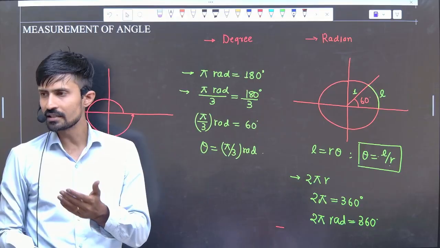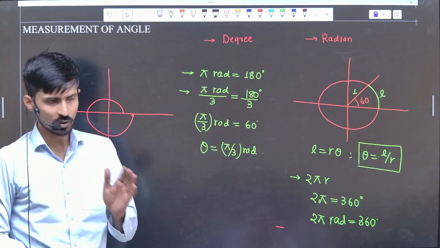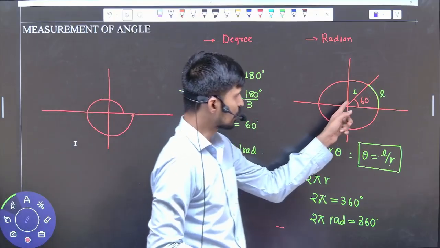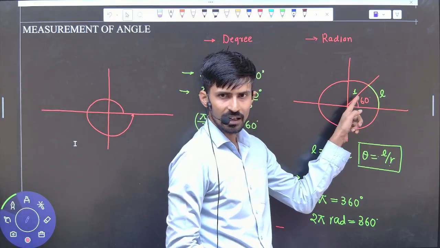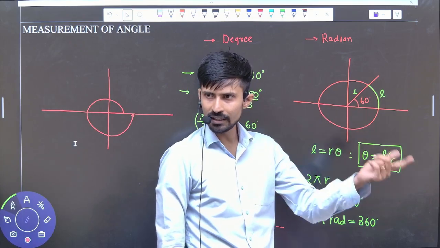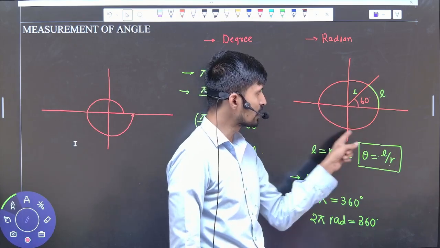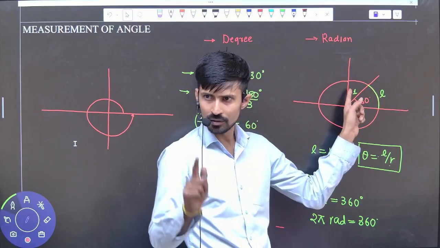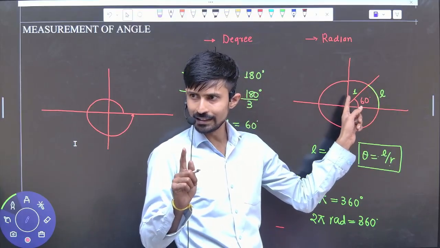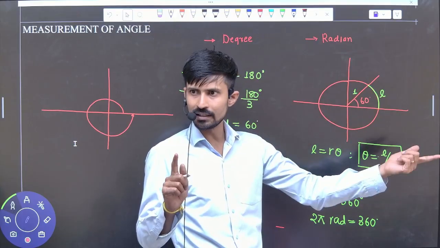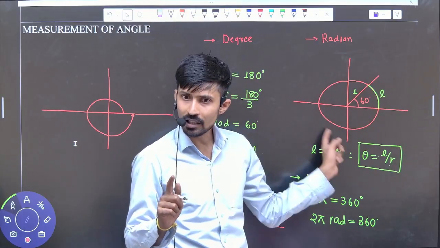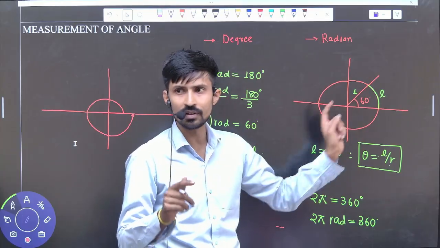Now if someone asks you what is radian, you can explain simply. Suppose this is 60 degree and I want to change that degree angle into radian. What will I do? I will draw a circle of radius 1. We always measure degree into radian on a circle of radius 1. Never draw a circle of radius 2.